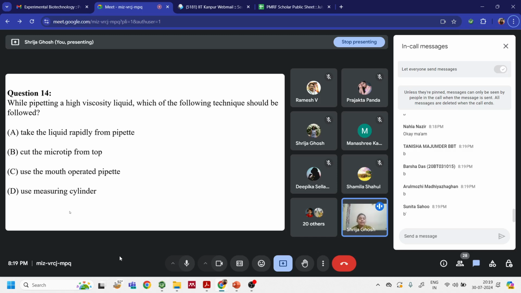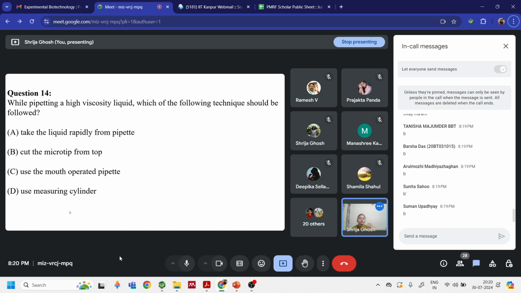For any high viscosity liquid, if you take the liquid rapidly from the pipette, you will have a lot of air bubbles, because since the viscosity of the liquid is high, it won't get sucked up too quickly. The tip of the microtip is very fine, so it is easier to withdraw liquids like water or any other solution of low viscosity.